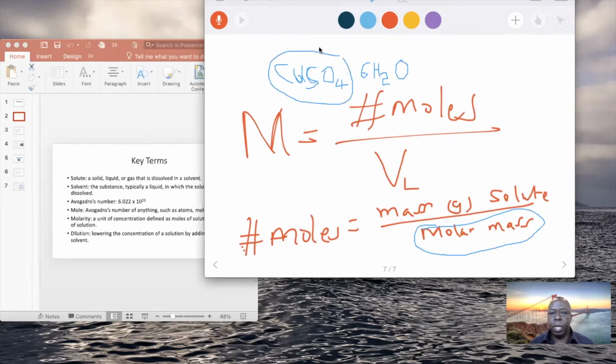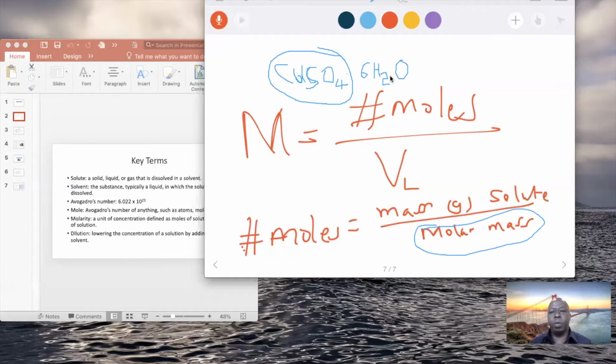So find the molar mass of this part, find the molar mass of H2O times 6, and then add the two. It will give you the molar mass of the compound you will be working with. The concept of finding the molar mass of a compound given the chemical formula is something you should have learned before getting here.